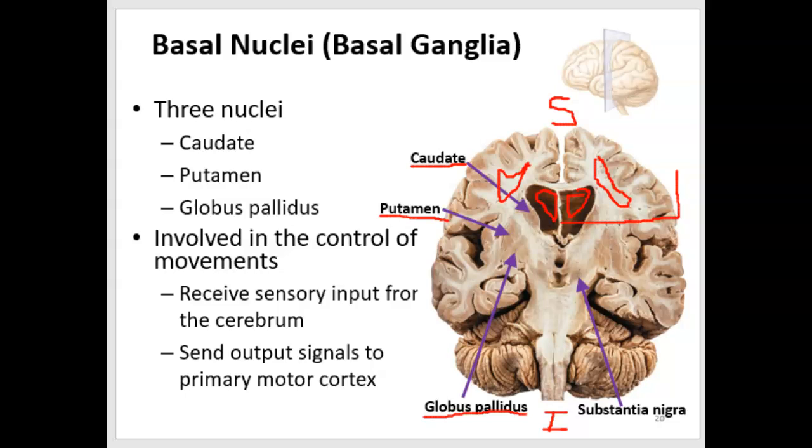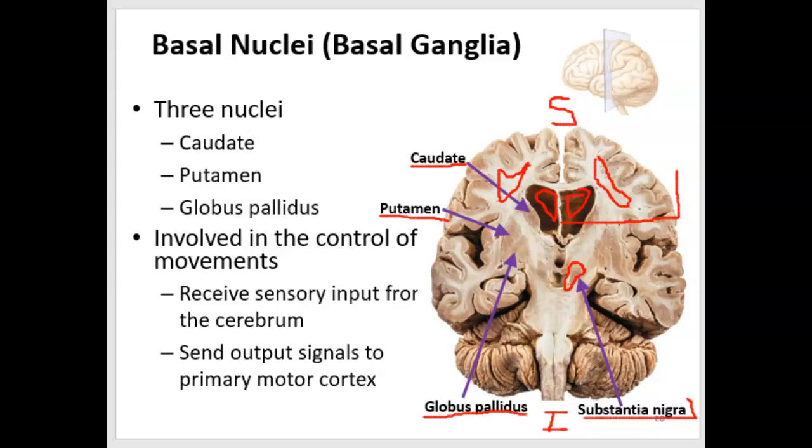I wanted to tell you that degeneration of the caudate and the putamen ganglia is associated with Huntington's disease, which is a genetic disorder. And I also labeled another gray region in the brain called the substantia nigra. It's named because nigra meaning black and it's substantial, I guess.